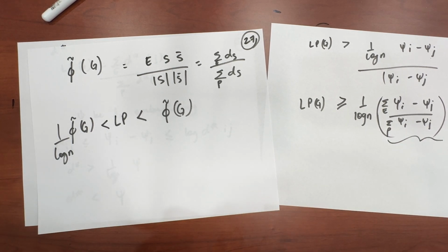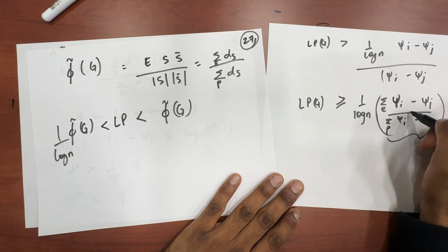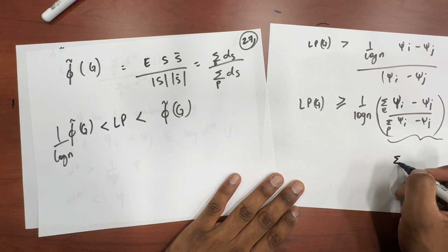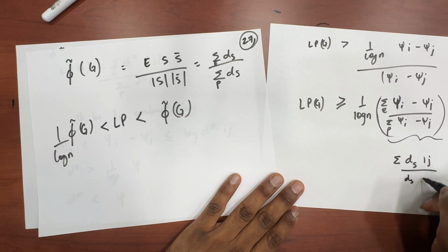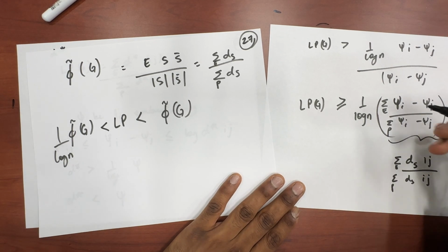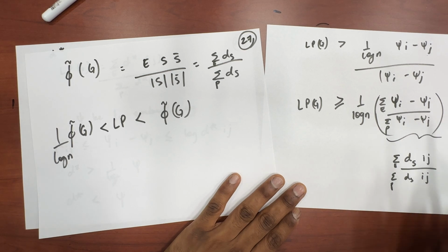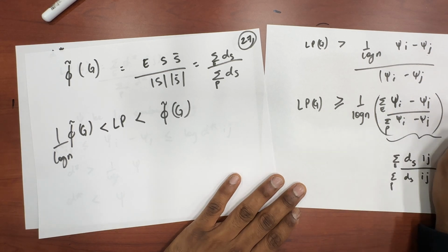This is just an L1 embedding, the same thing, d ij over edges and pairs. If I look at an L1 embedding as just a cut metric, it is the same. So this is always going to be greater than the minimum of all such things, right? I don't really know what phi tilde is, but I know that this will be greater than phi tilde.